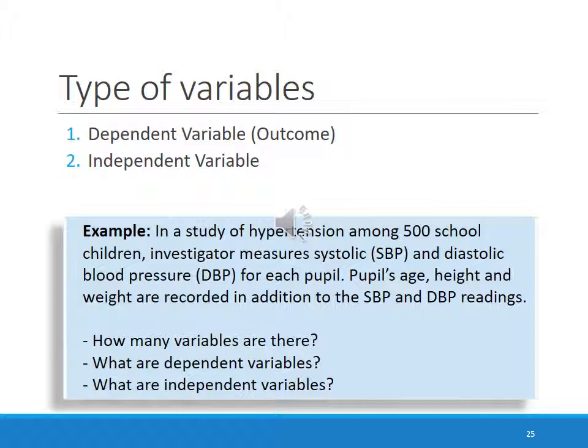What are the independent variables? Age, height, weight, as these are the variables the investigator wishes to find whether they are associated with low or high or normal blood pressure in 500 school children.